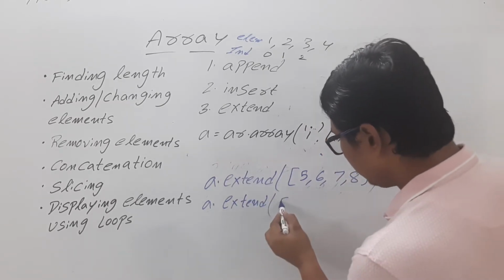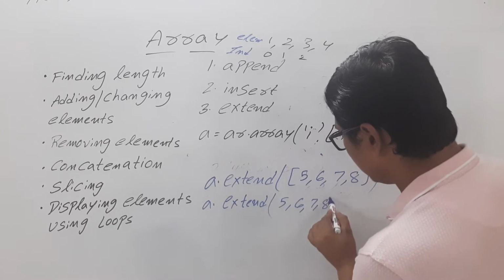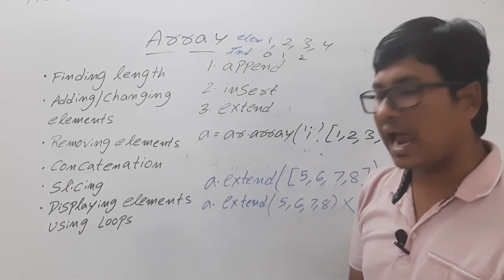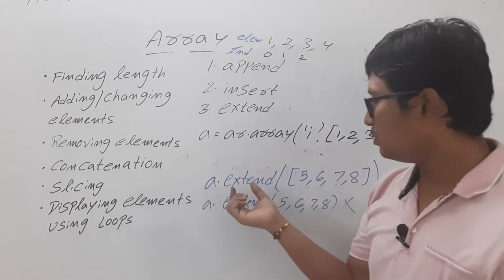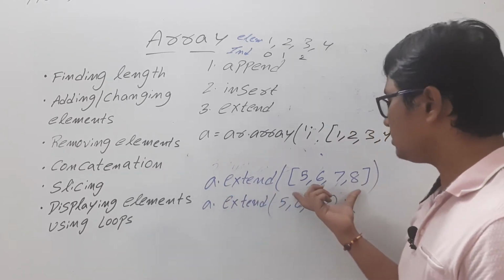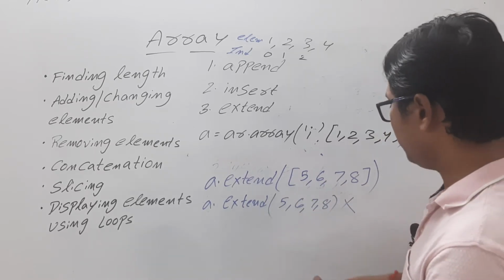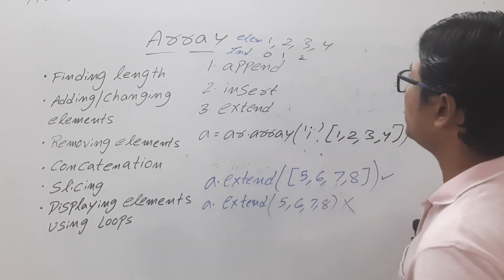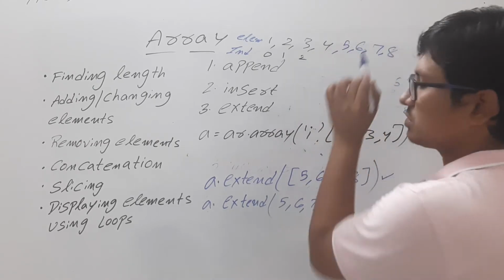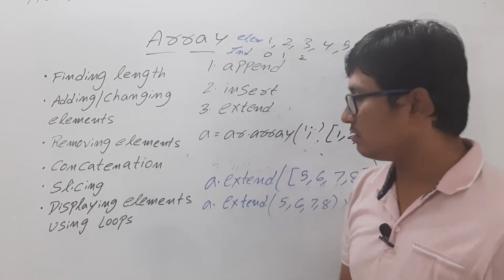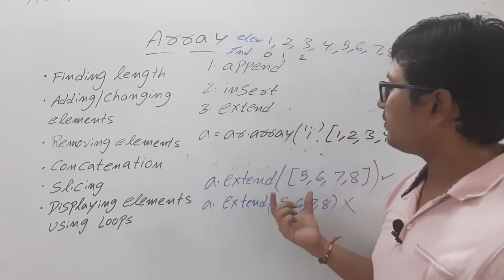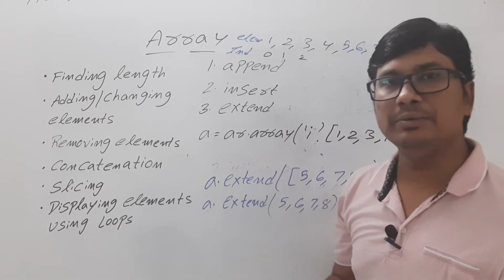If I write 5, 6, 7, 8 like this without the brackets, then it will give an error. If you want to add a list of elements using extend, you have to write them within these brackets. Is it clear? If you use this, then 5, 6, 7, 8 will be appended at the last. So you are extending the array. Initially there are only 4 elements. Now after extending, you have 8 elements in the array.